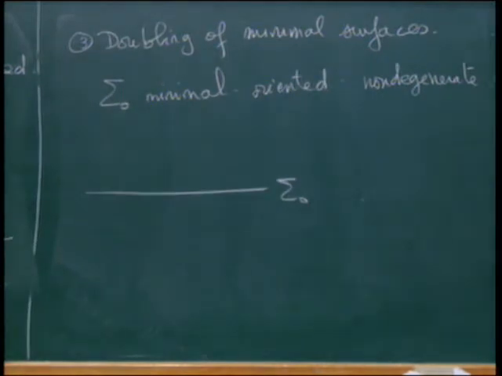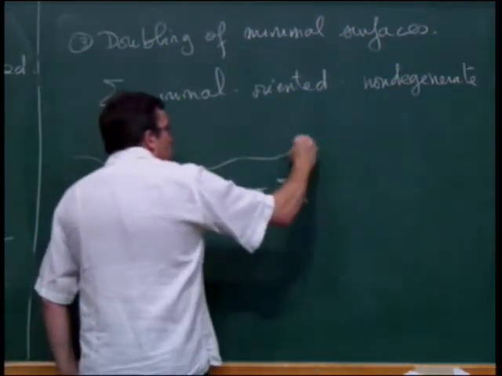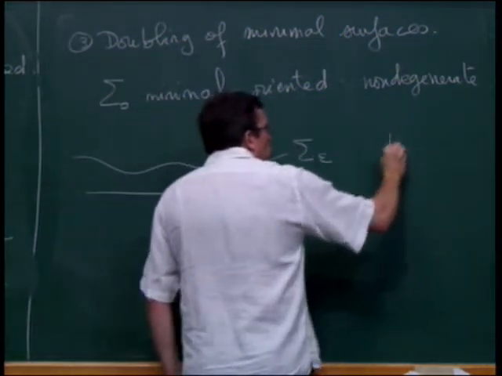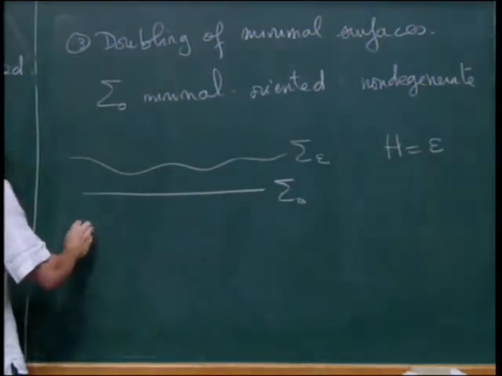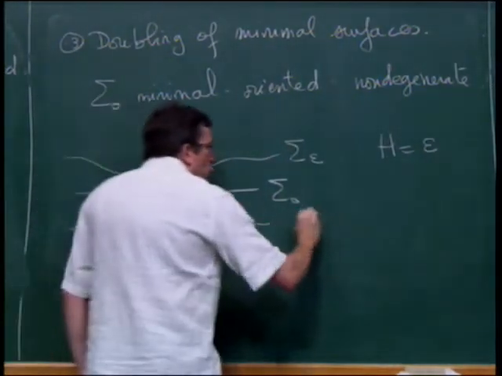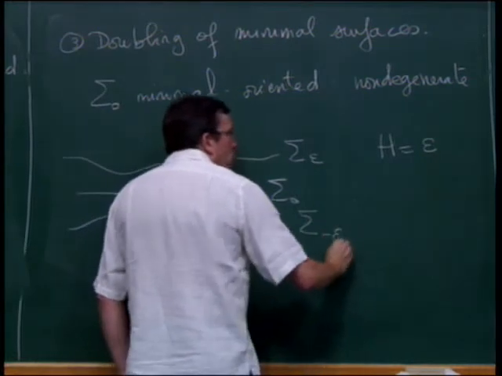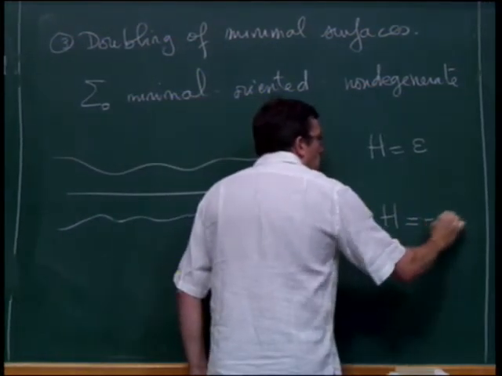What you can do is find surfaces which are close to sigma whose mean curvature is close to 0. So you can find a surface here, sigma epsilon, whose mean curvature is equal to epsilon, where epsilon is small. Similarly, you can find another surface whose mean curvature is minus epsilon.